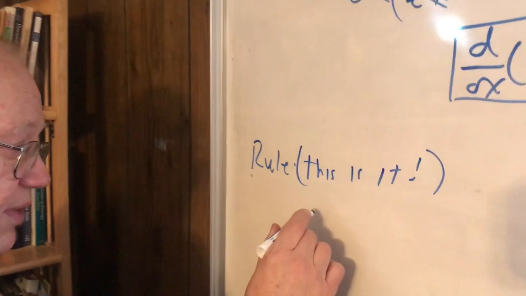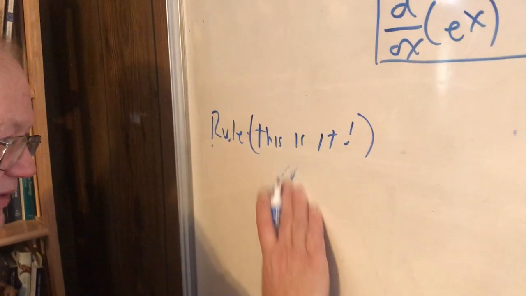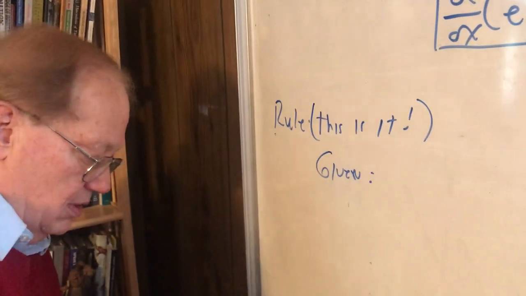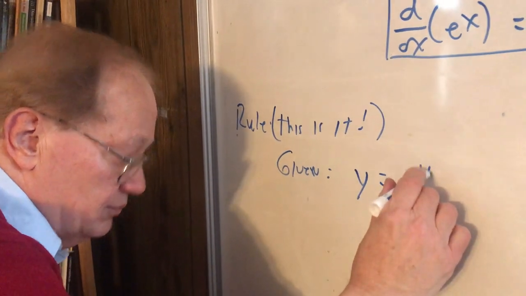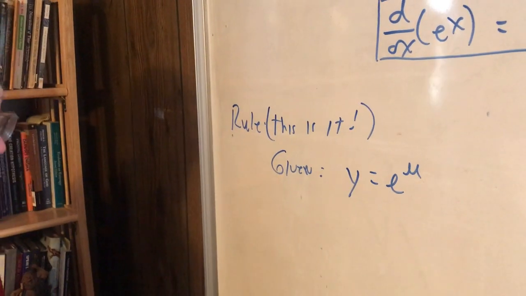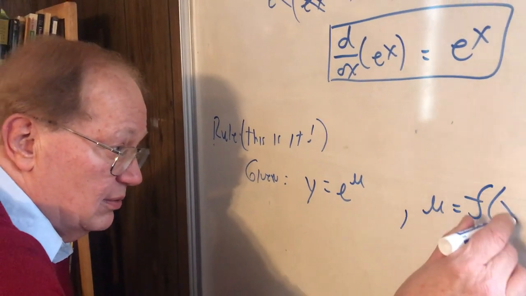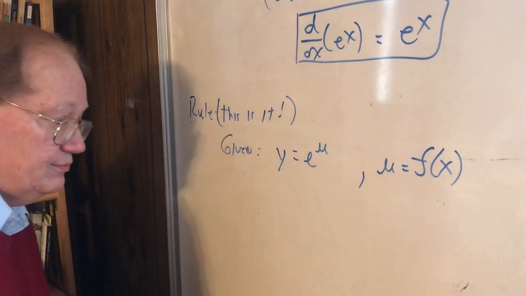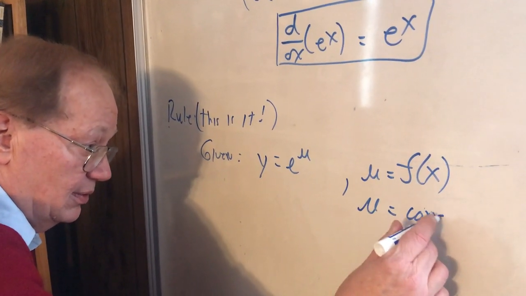The derivative dy dx, write that down, sorry, given y equals e to the u, where u is any function of x, or it could be a constant, or u could be a constant too.